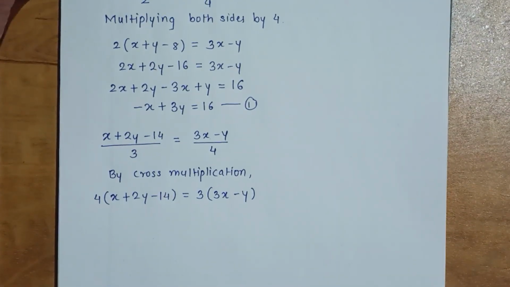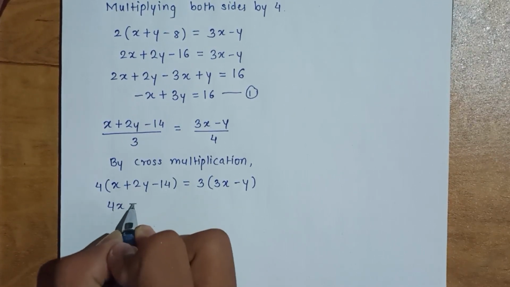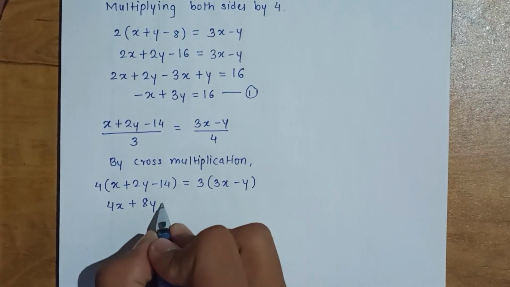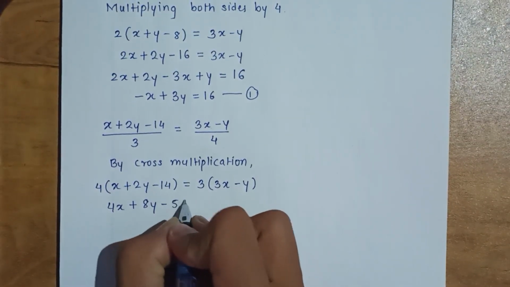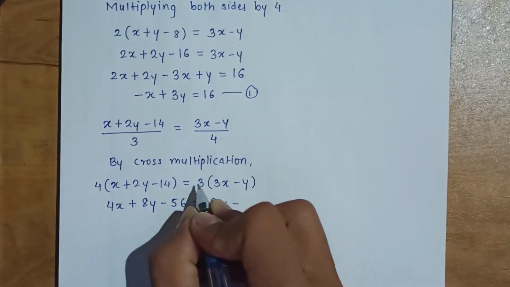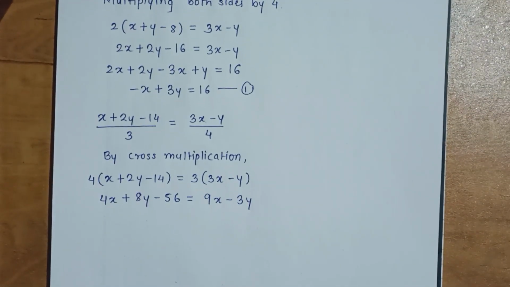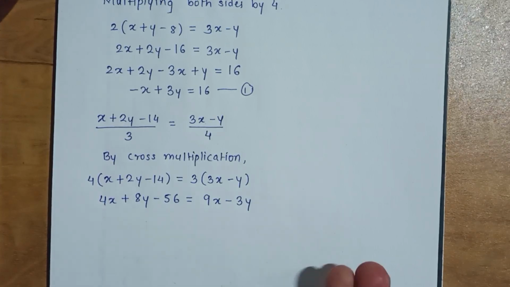Now we will simply solve the brackets: 4x, 4 2s are 8y, 14 4s are 56, so minus 56, equals 3 3s are 9x, minus 3 into y is minus 3y. Now according to Cramer's rule, we will take all the x and y terms on the left side and all numbers on the right side.